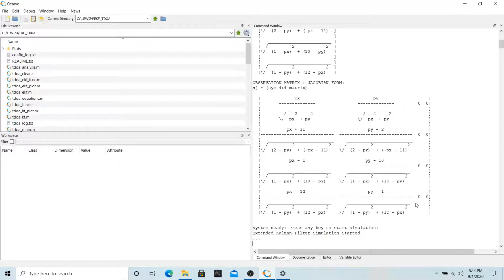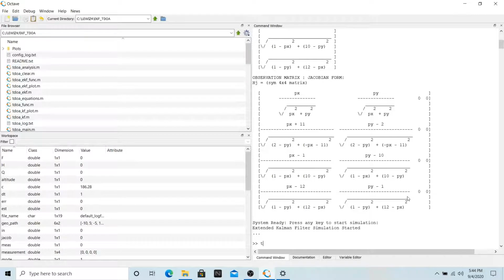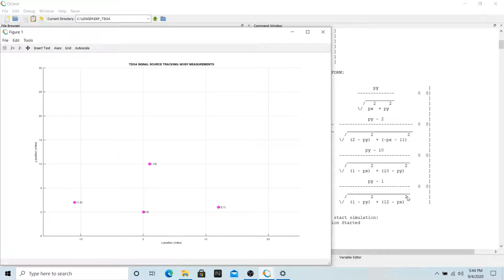Since it will take a long amount of time to simulate all the data points due to the complex nature of the equations used, we will skip ahead to the results section for the extended Kalman filter. Now on the graph, as before, you can see the noisy measurements being plotted.